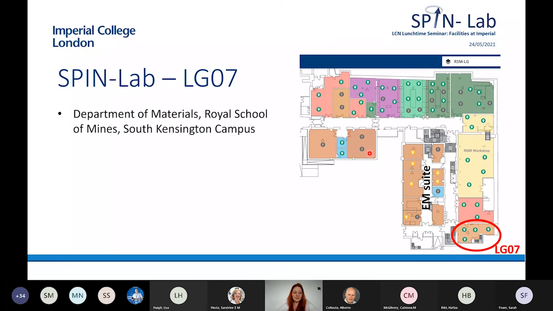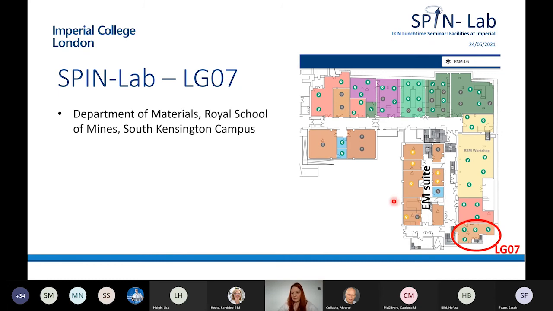So Spinlab is in the Department of Materials, Royal School of Mines, on the South Kensington campus at lower ground floor, using office space that we have in the Department of Materials. It's easy to find, close by the EM Suite.